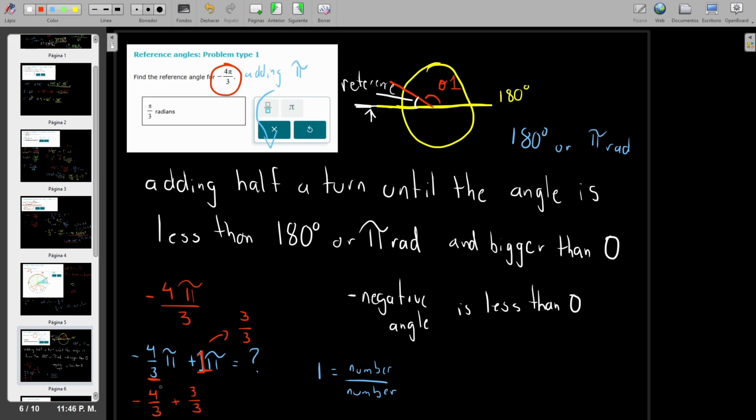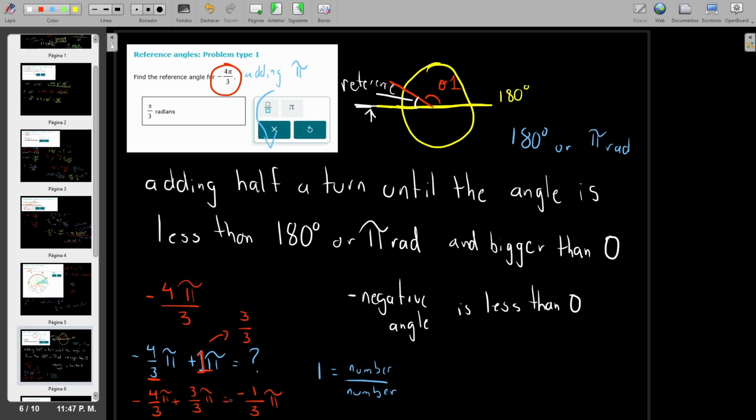Remember pi. Minus 4 plus 3 is going to give us minus 1. Minus 1, and the denominator, remember, stays the same. Okay?